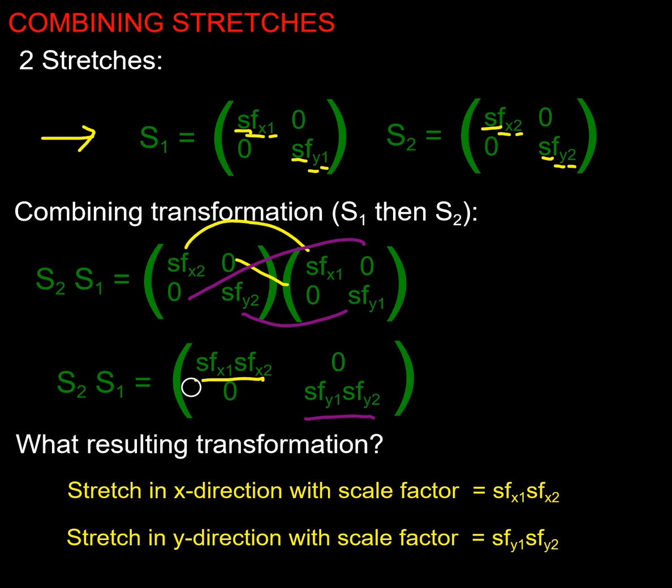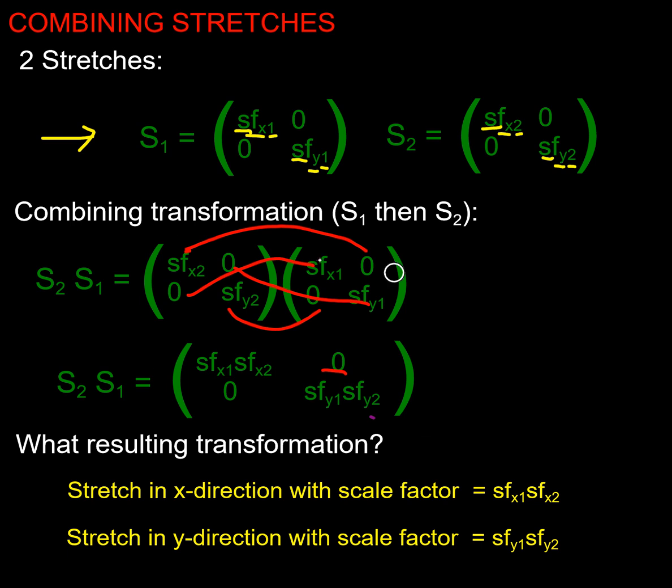What happens in the other corners? Top right, well, I've got a scale factor times 0 and a 0 times a scale factor, so I end up with a 0 there, and you can imagine the same thing happens here. Bottom left, 0 times a scale factor, and I've got scale factor times a 0, so I get a 0. So what sort of matrix am I looking at in the end?